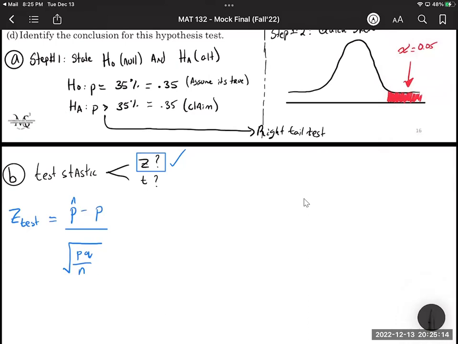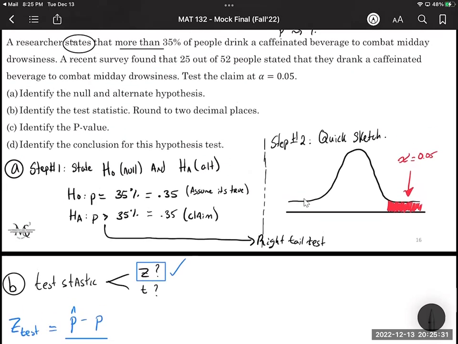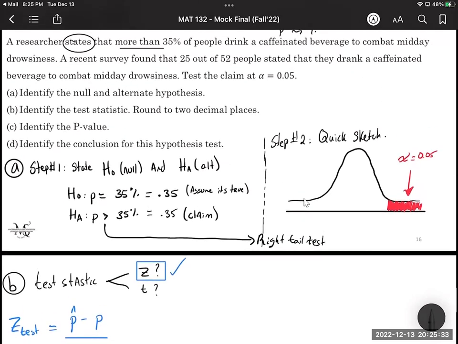So let's just figure these things out. I already know what p is. p was equal to 0.35. That was the population proportion. p hat, on the other hand, is going to be x over n, like what we saw in part C, problem 7.